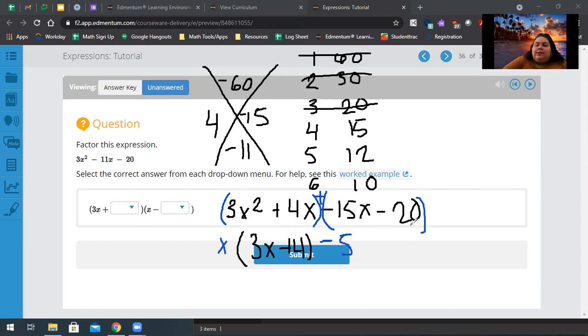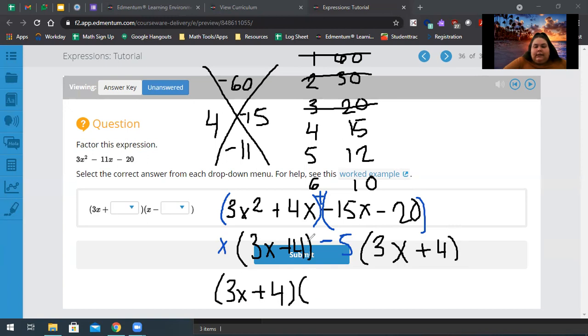There's no x to factor out because that 20 doesn't have an x. So then we're left with negative 15x divided by negative 5, positive 3x. Negative 20 divided by negative 5 is positive 4. Again, we're left with that same thing. 3x plus 4, 3x plus 4. And then this is x minus 5. So then here, 3x plus 4 times x minus 5.